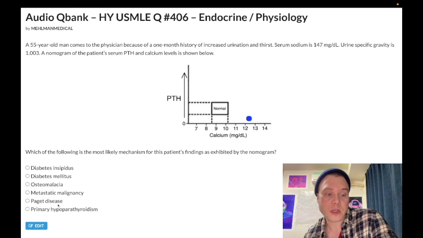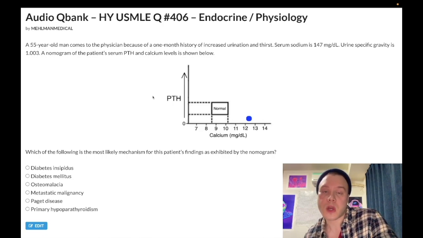Choice E, Paget disease, wrong answer. This is going to be normal calcium with a normal PTH. It would also be in the normal box here. We would have an isolated increase in serum alkaline phosphatase. Okay, so Paget disease, they don't have to give you this stereotypical presentation of older male whose hat doesn't fit him anymore, has tinnitus due to narrowing of the acoustic foramina.